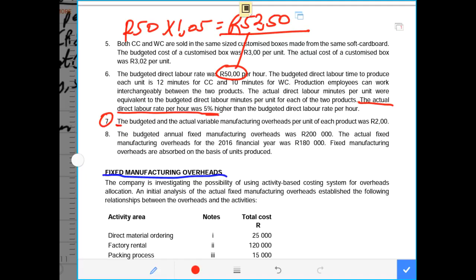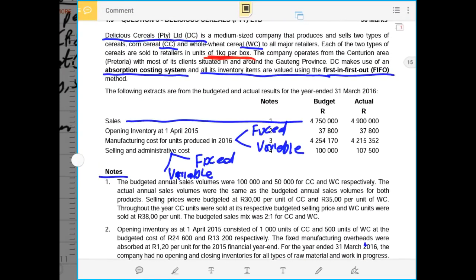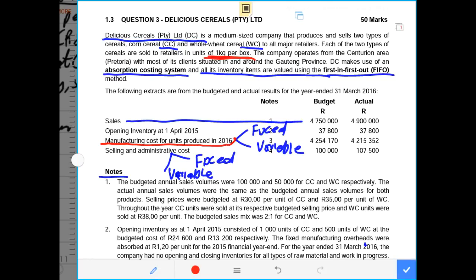Number 7 says the budgeted and the actual variable manufacturing overheads for each of the units was 2 rand. So we can see that we now have our variable manufacturing overheads. If you still remember, I made mention that when it comes to manufacturing overheads, there must be a portion that is fixed and a portion that is variable. So now they are telling us the portion which is variable.